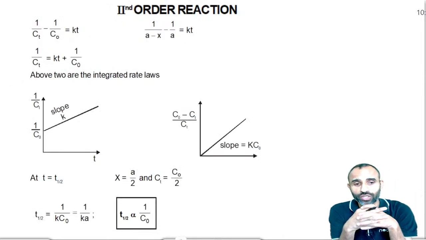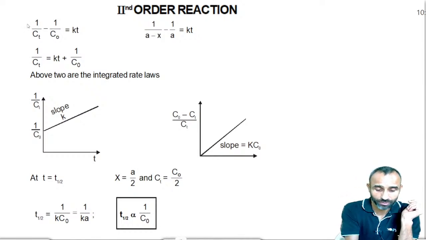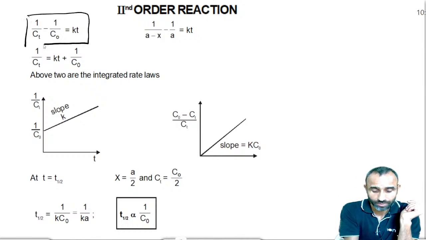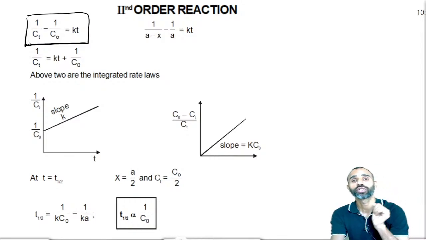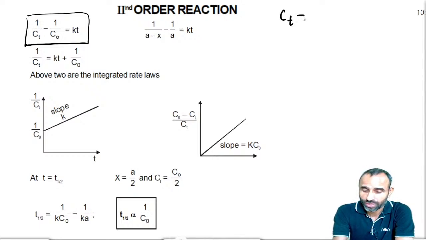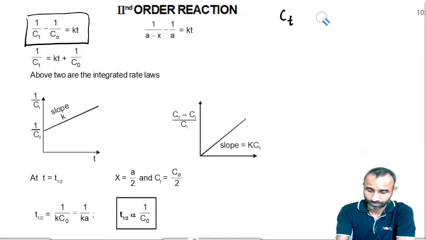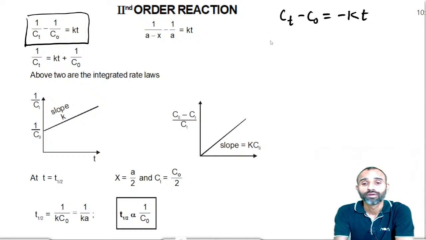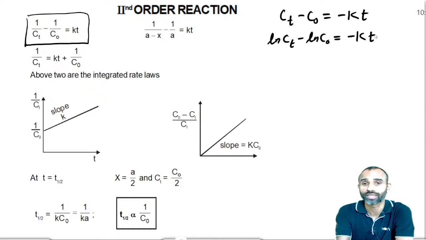Second order reaction. In second order reaction, the relation is 1 upon Ct minus 1 upon C naught equal to Kt. See, for zero order it was Ct minus C naught equal to minus Kt, right? For first order, it is natural log of Ct minus natural log of C naught equal to minus Kt.